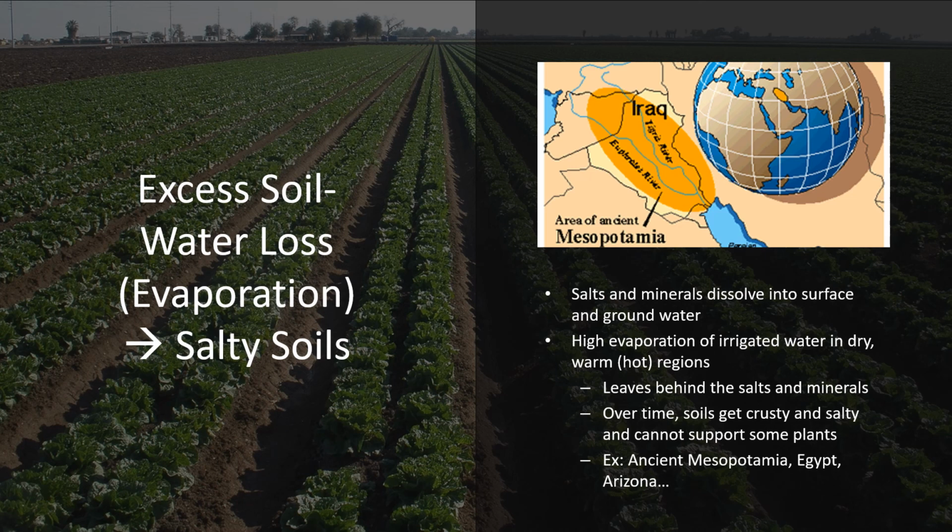So the people began growing a 50-50 split of wheat and barley in this region, but eventually they had to give up on growing wheat because the soils just became too salty to support the growth of the wheat crop. Egypt has experienced similar difficulties in the agricultural regions along the Nile River, and then of course Arizona in the United States also suffers from these problems as well.